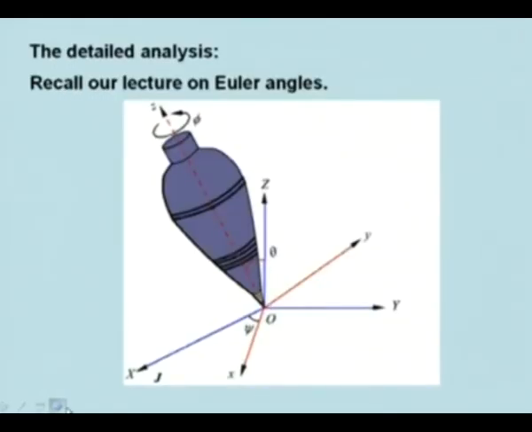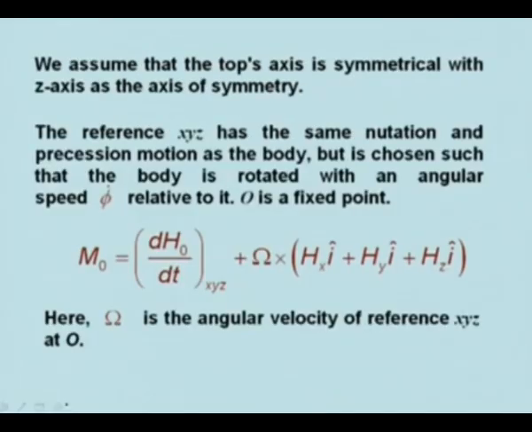Now we can do a somewhat detailed analysis also, if we remember our Euler's equation, and we have given that lecture on Euler angles. We assume that the top's axis is symmetric with the Z axis as the axis of symmetry.